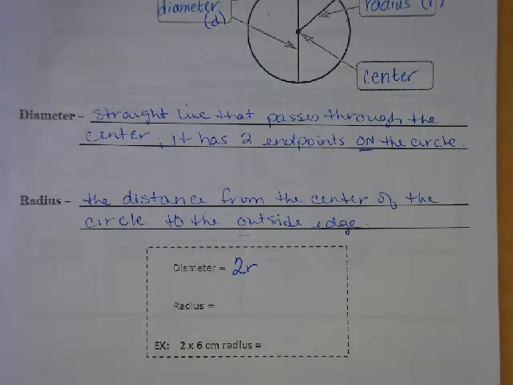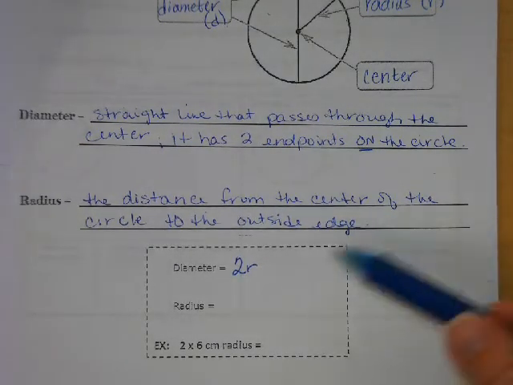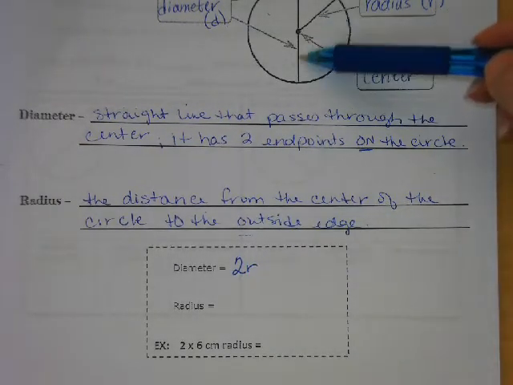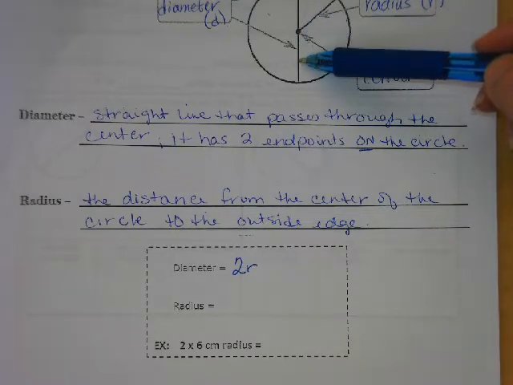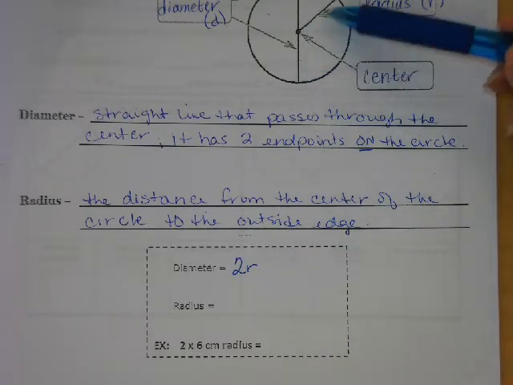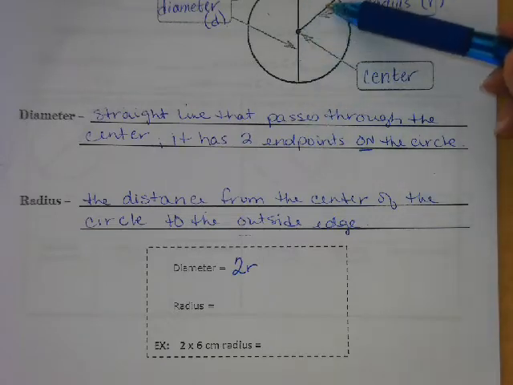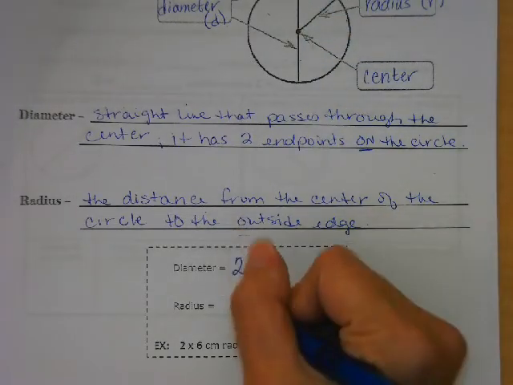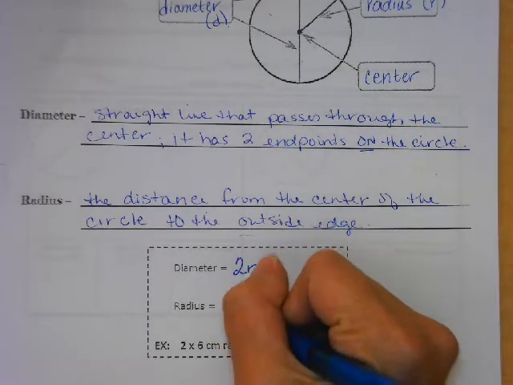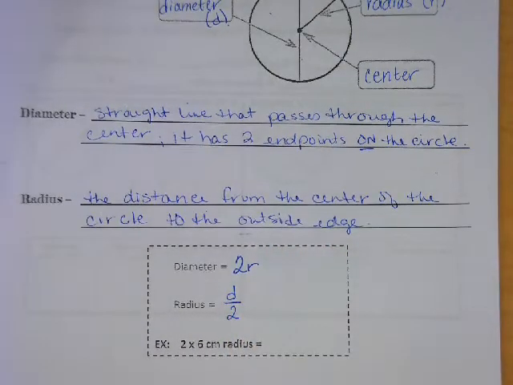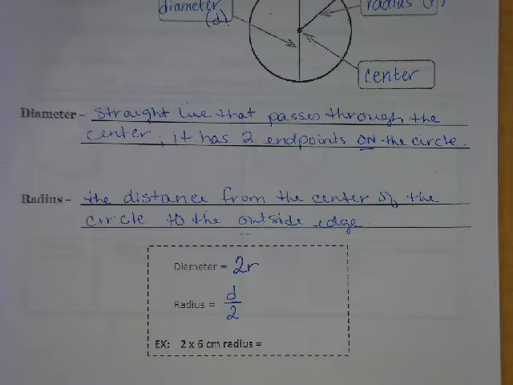Remember, when we show multiplication of a number and a letter, coefficient first, letter second. So if the diameter is 2 radii, what is the relationship between the radius and the diameter? If you are given a diameter, how are you going to find the radius? We're going to half it, right? We're going to take the diameter and cut it in half, or diameter over 2.